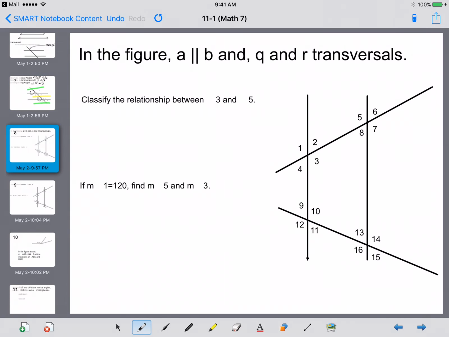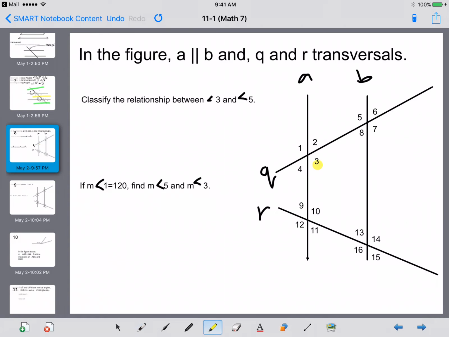In this one it says, in the figure, A is parallel to B, and Q and R are transversals. So this is A, this is B, this is Q, and this is R. I have to draw in all my angles. The first one says to classify the relationship between 3 and 5.